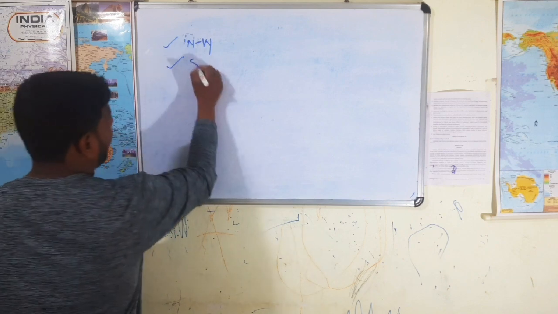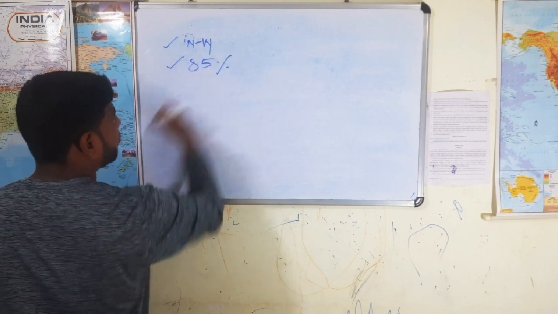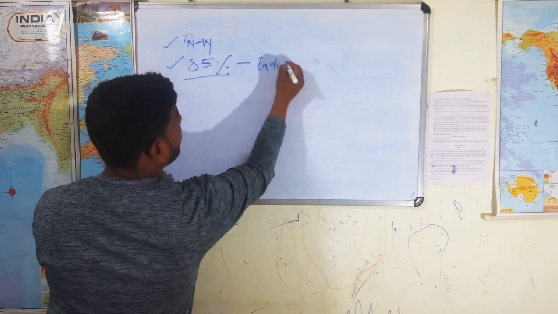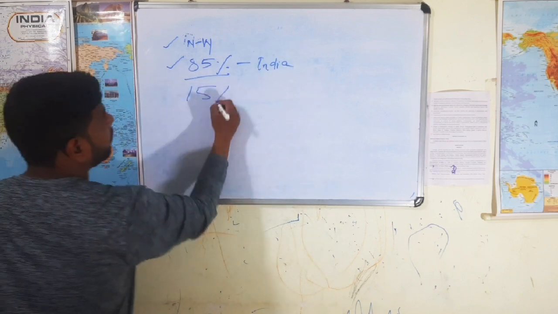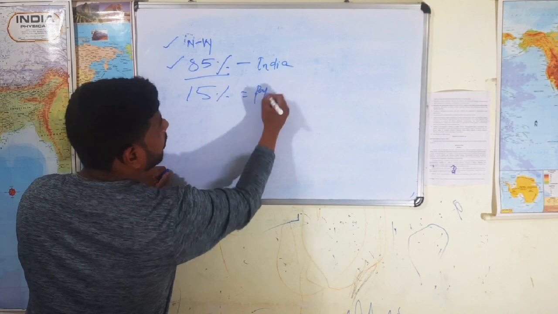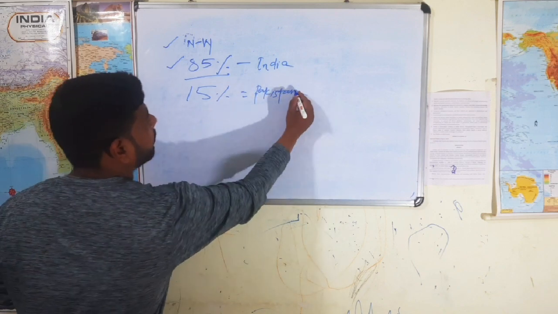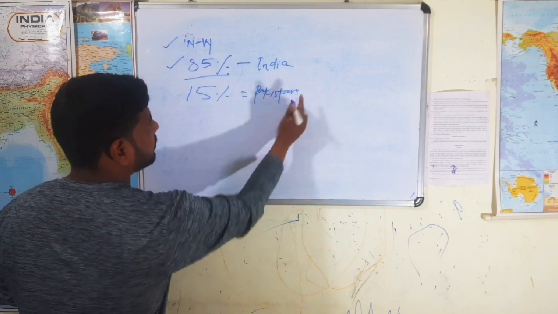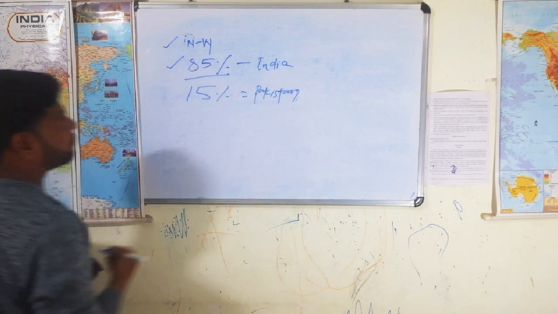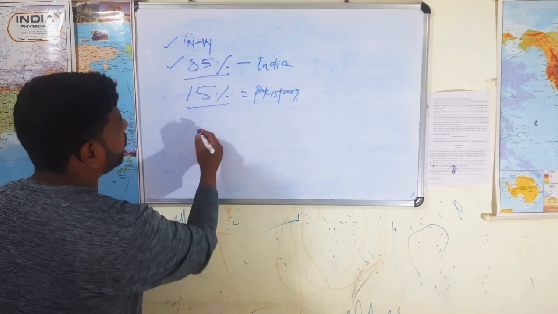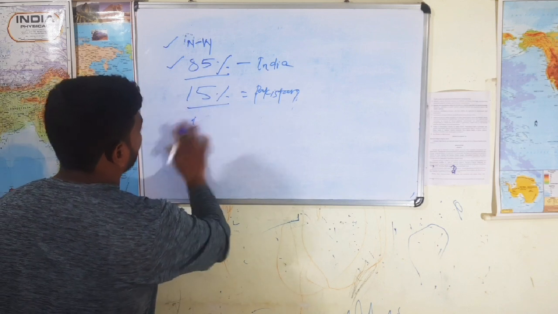But 85% of the Great Indian Desert is located in India, and the remaining 15% is located in our little brother, Pakistan. Clear, guys? So 85% in India and the remaining 15% in Pakistan.